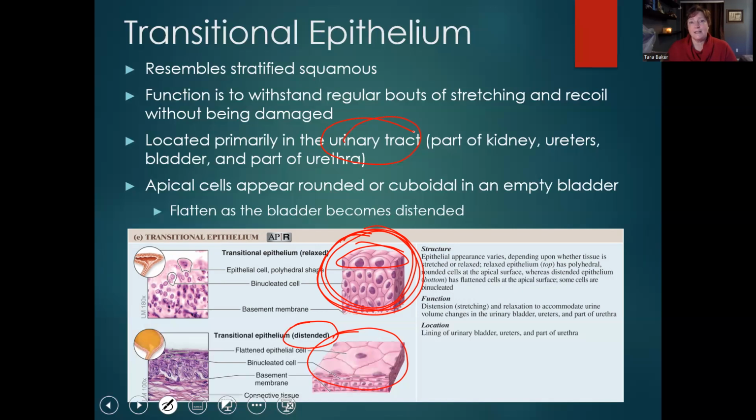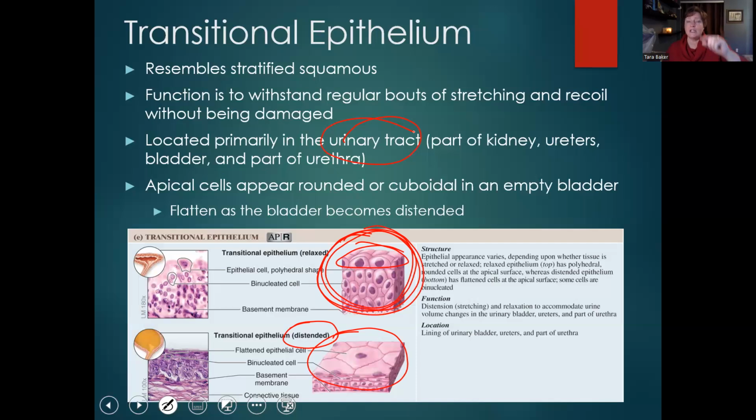You are going to be studying these in lab. You're going to be getting more interaction with them in lab. All you have to do is remember that there are 3 shapes, and then there are stratified, pseudostratified, and simple. And then in addition to that, you got the transitional. If it was me, I would be making a table with all the different types, right? Simple cuboidal, simple squamous, and so on.